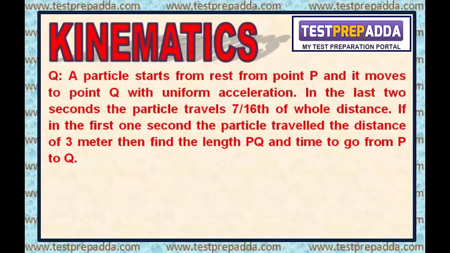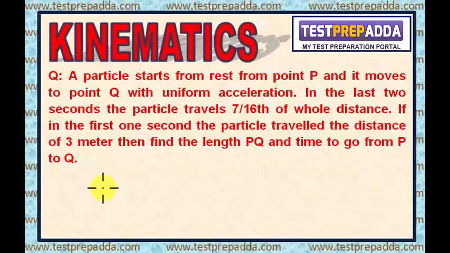In the last 2 seconds, the particle travels 7/16th of whole distance. If in the first 1 second the particle traveled the distance of 3 meter, then find the length PQ and time to go from P to Q.